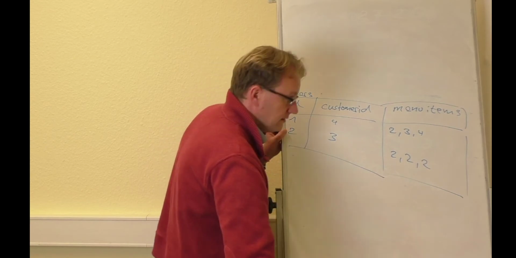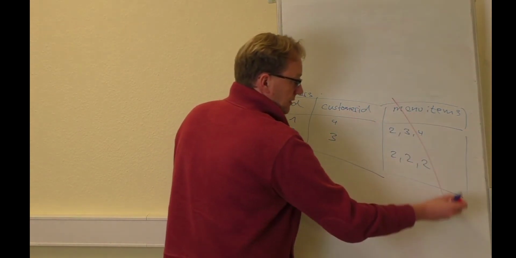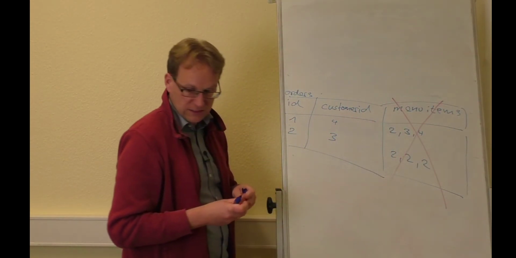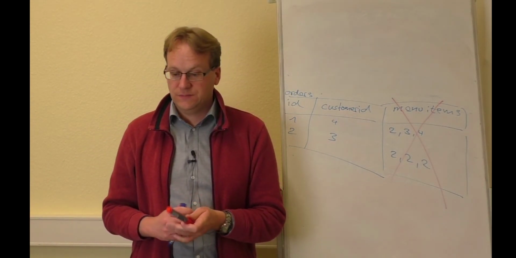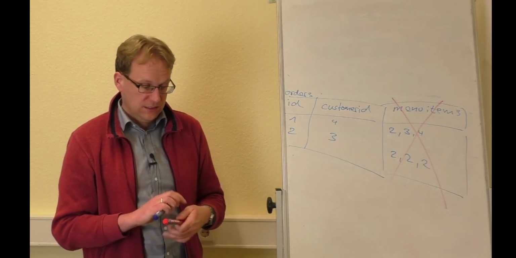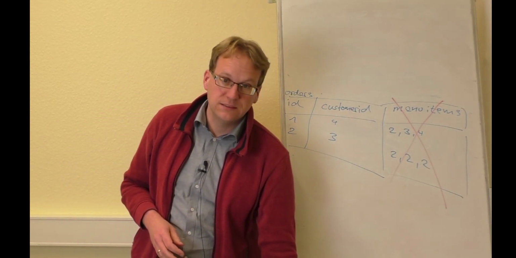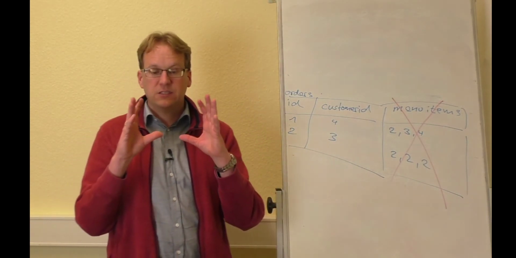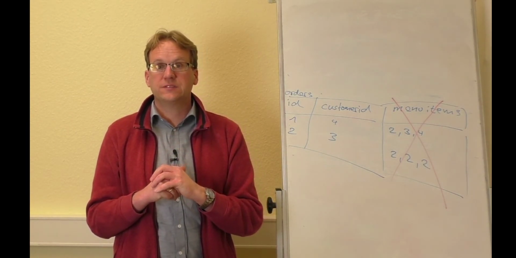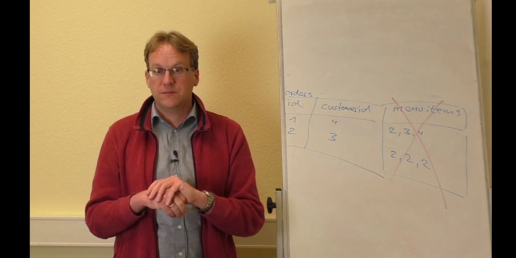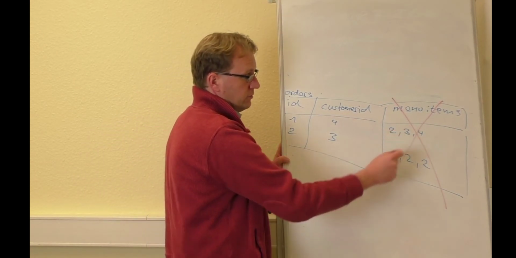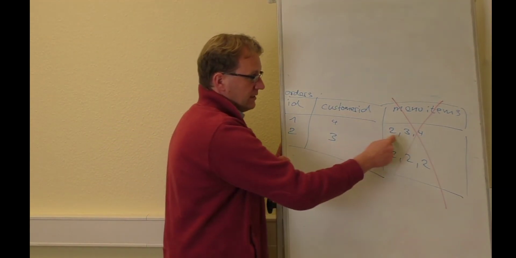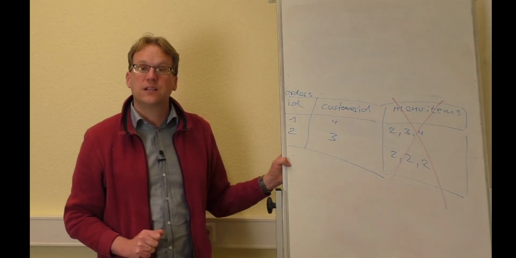But this is something that you should forget, because in relational databases, these columns should contain values that are atomic. So we need to contain atomic values like 2 maybe, or 4, but not a list 2, 3, 4.